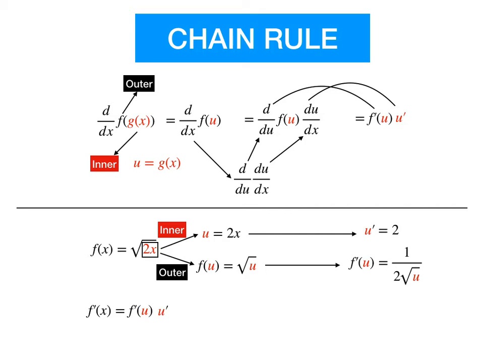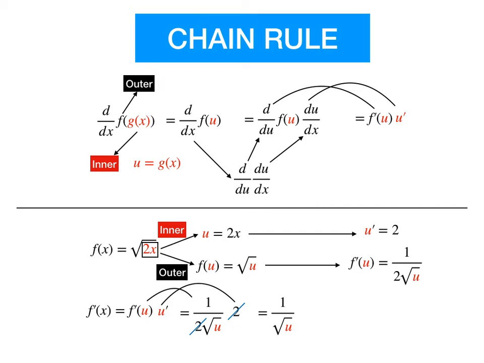As earlier, we formulate f prime of x equals f prime of u times u prime. We found f prime of u is 1 over 2 square root of u, and u prime is 2. We can cancel the 2 in the denominator and the 2 in the numerator to get 1 over square root of u. And we're not done yet.